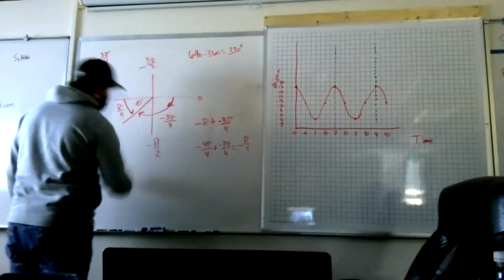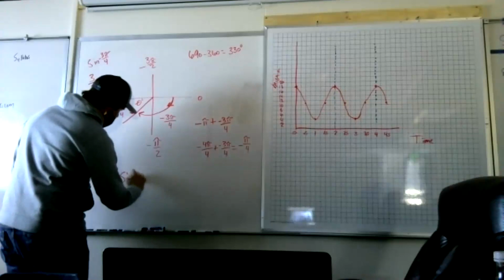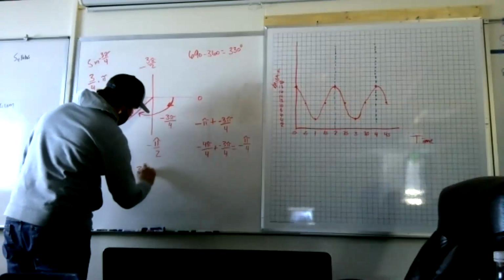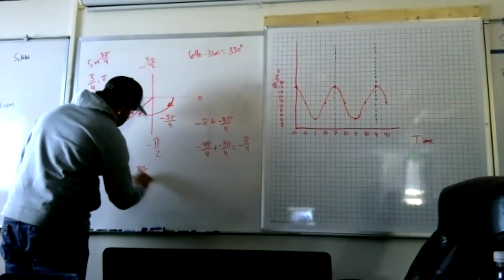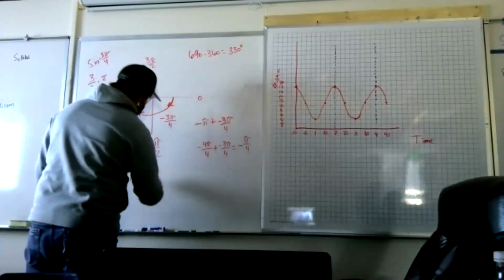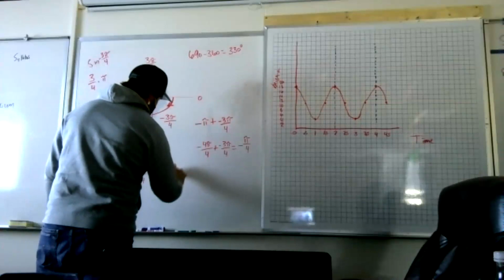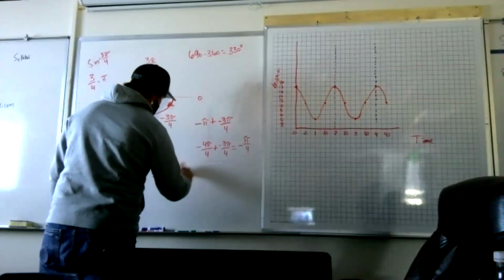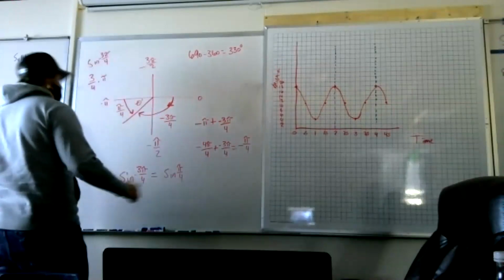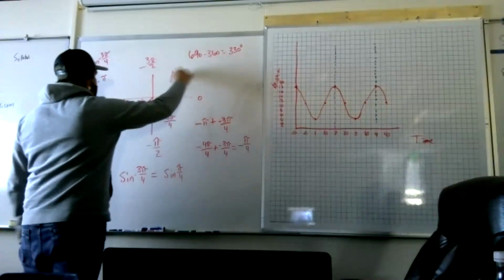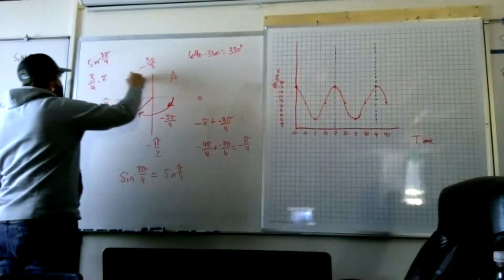So the sine of a negative 3 pi over 4 is equal to the sine of pi over 4, but I can't just leave it there. I have to figure out what the sign is going to be.